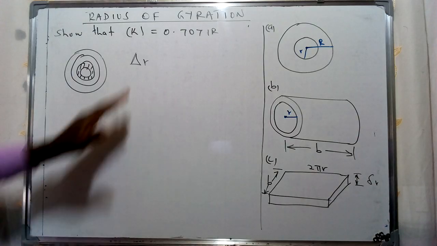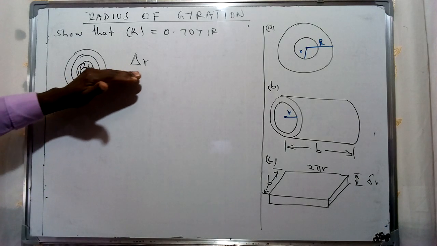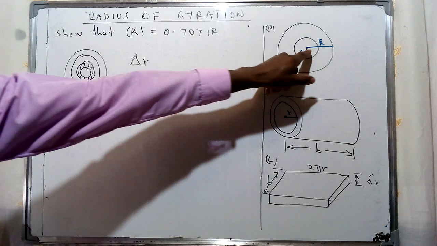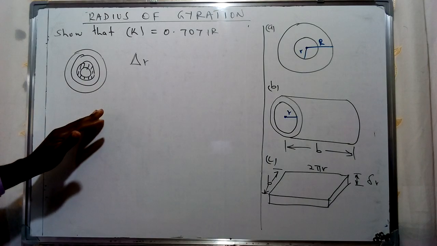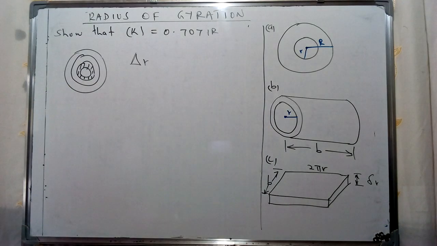The summation of this delta r is going to result in the whole radius, given in terms of r, and therefore this radial thickness is going to be a part of the entire radius r.